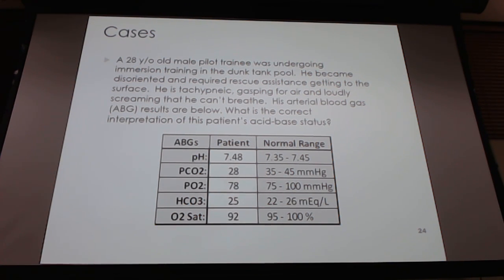Is that high or low? High. So they're alkalotic. PCO2, high or low? Low. So they're blowing too much off. And then our bicarb, normal. So this is fairly acute, so we wouldn't expect to see any changes with the bicarb here. So this is respiratory or metabolic? Alkalosis or acidosis? Alkalosis. Good job.